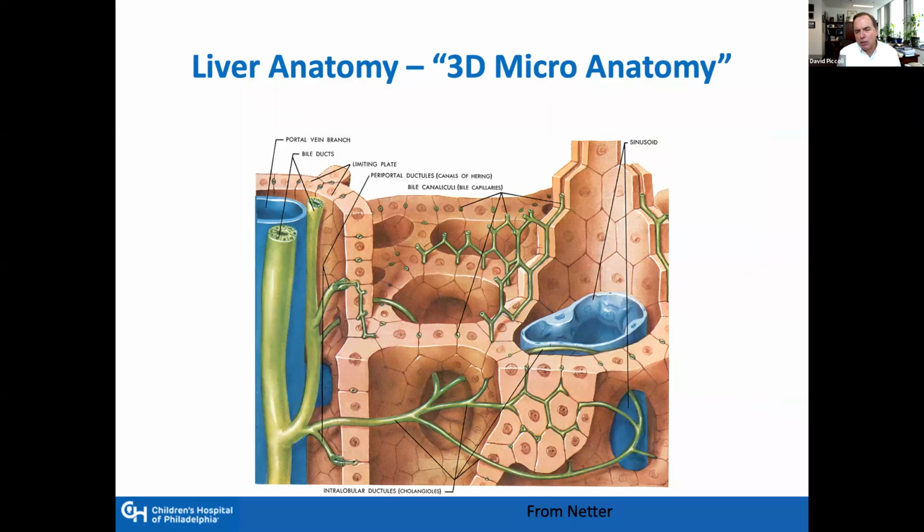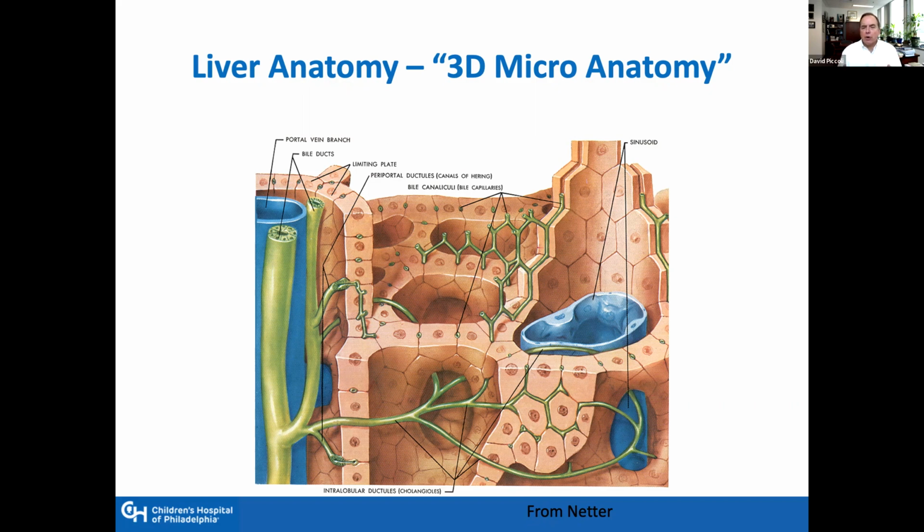Now, this is a cartoon from many, many years ago by Frank Netter. And while it's not exactly anatomically perfect, I think it's beautiful. And it shows you that there's a very complicated 3D relationship in the liver, even more complex than the cardiopulmonary relationship in the lungs, where you have bile ducts, you have veins, you actually have arteries not shown here, and you have these sheets or plates of cells.